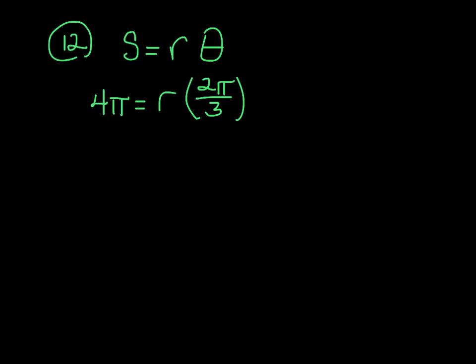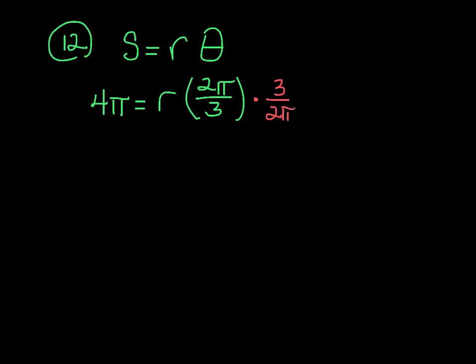So again, what we're going to be doing is getting r by itself this time. Now, I could divide by 2 pi over 3. I think what I would prefer to do instead is, you know that if you divide by 2 pi over 3, that would be the same as multiplying by the reciprocal. So that's what I'm going to do.